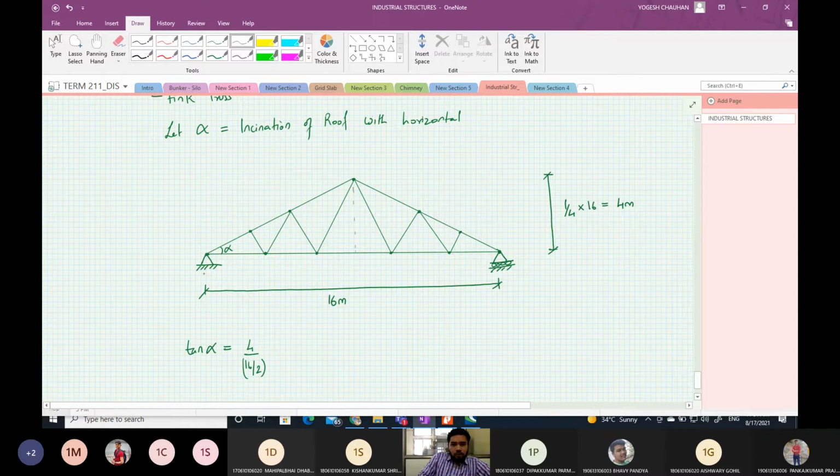This is 4 meter and this is 8 meter. So it will be equal to 26.565, let us say 26.566 degrees. This alpha is 26.566 degree.